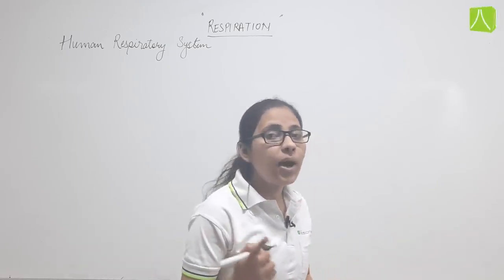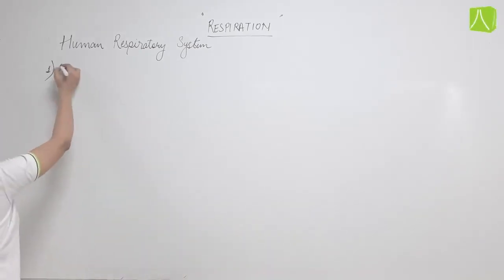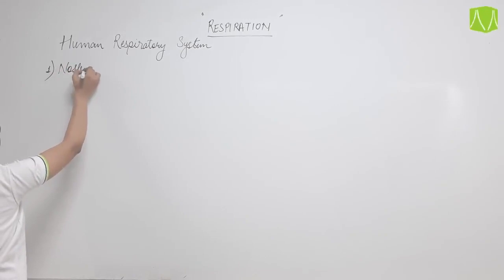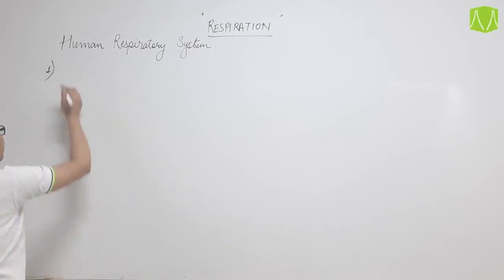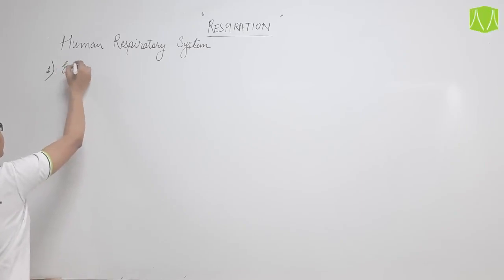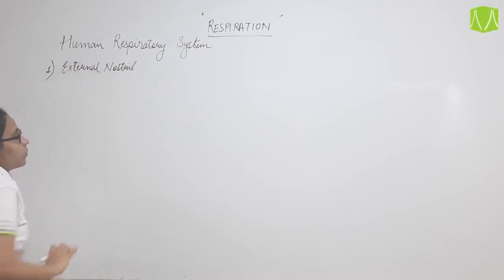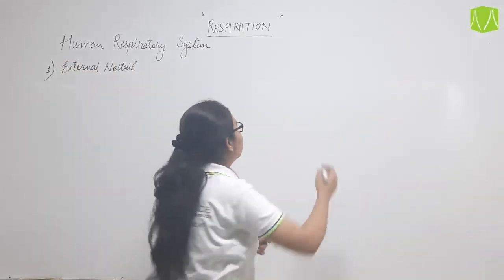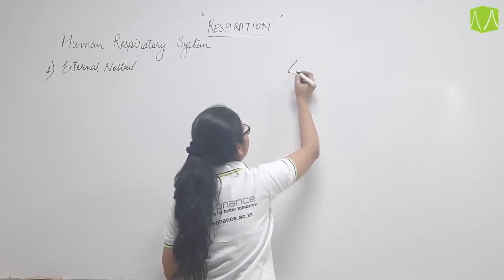So the first part is nostrils, or more appropriately we can write external nostril. I draw the diagram over here.